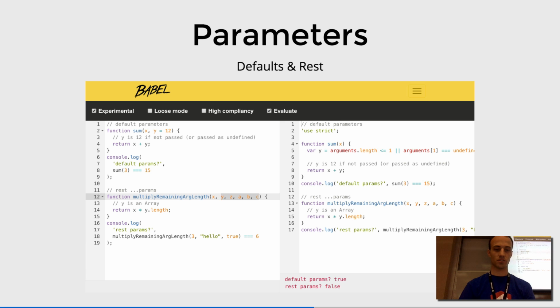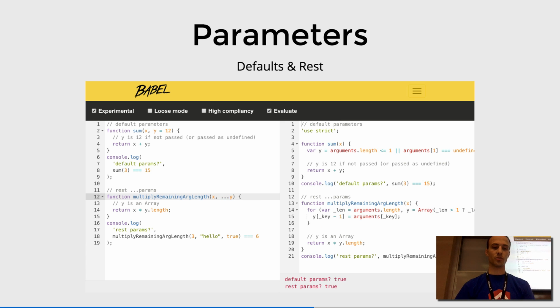There are only so many letters in the alphabet. So what this actually outputs to, and we looked at this a little earlier, is it takes all of the arguments after the first ones before the rest params argument. So yeah, rest params are awesome, and those are the two features about parameters that are super cool. Does anybody have questions about that?